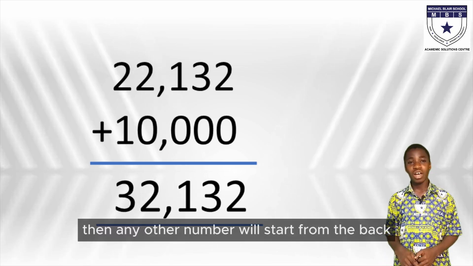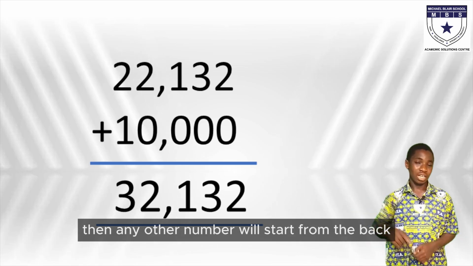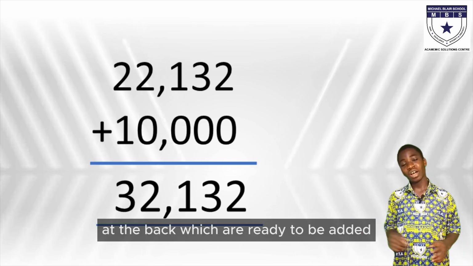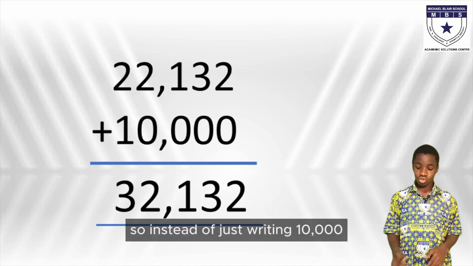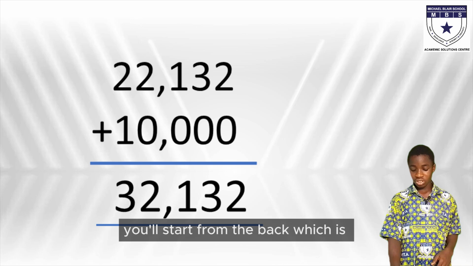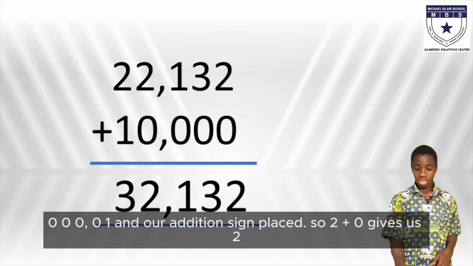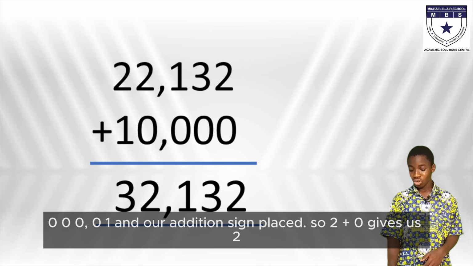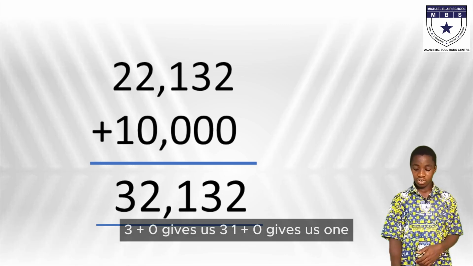Then any other number will start from the back. That is, you start filling the digits of those numbers at the back, which are ready to be added. So instead of just writing 10,000, we'll start from the back, which is 0, 0, 0, 0, 1. Now the addition sign is here. So 2 plus 0 gives us 2. 3 plus 0 gives us 3.